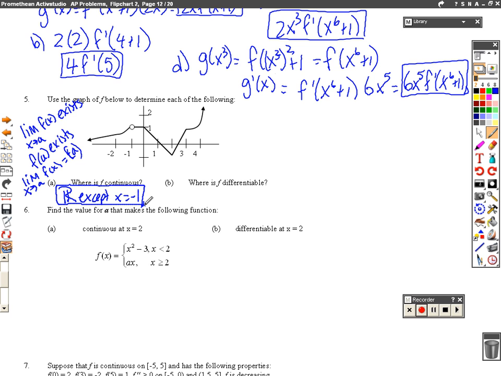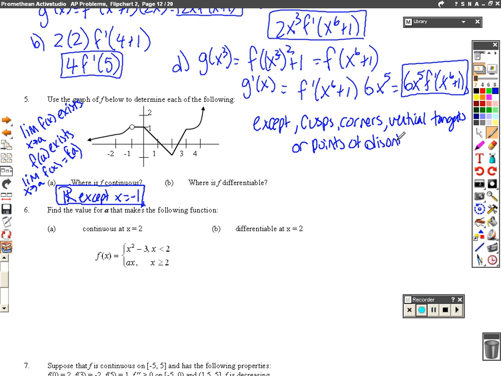Okay, how about differentiability? Differentiability exists everywhere except cusps, corners, vertical tangents, or points of discontinuity.